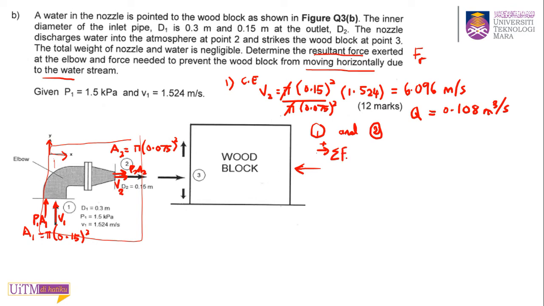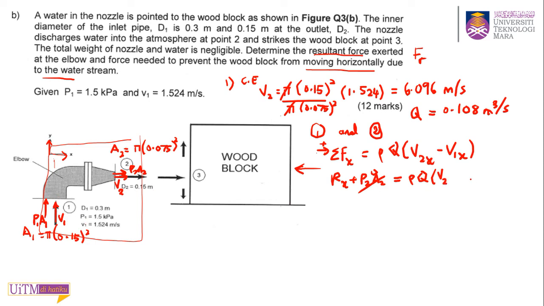Summation of Fx equals rho times Q times V2x minus V1x. In the x direction, you only have the Rx, the one that you want to find, plus P2A2, but this is 0, equal to rho Q. V2x is V2 in the same direction.